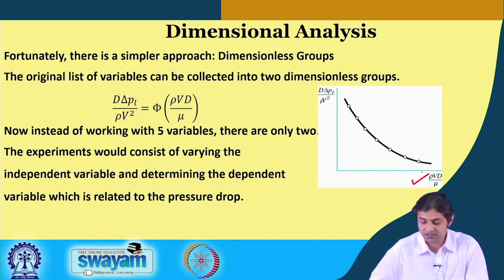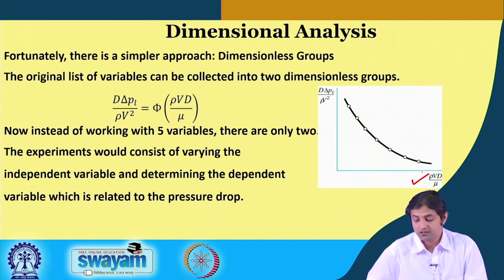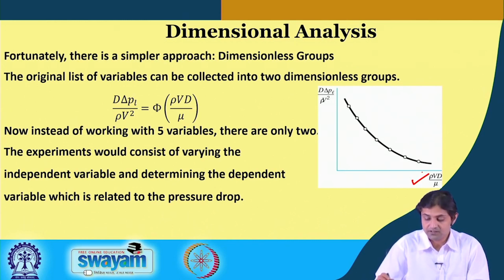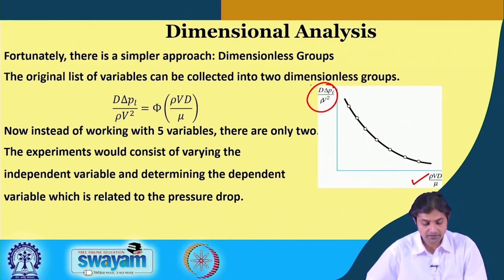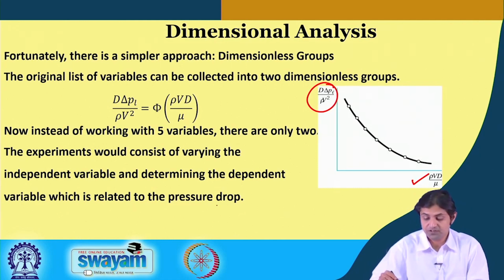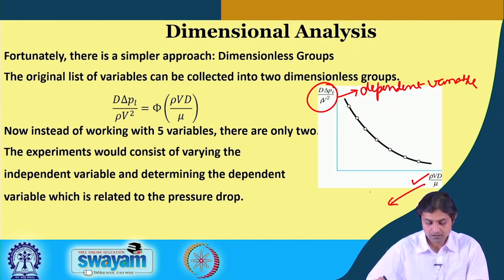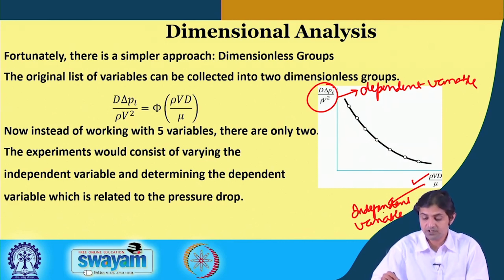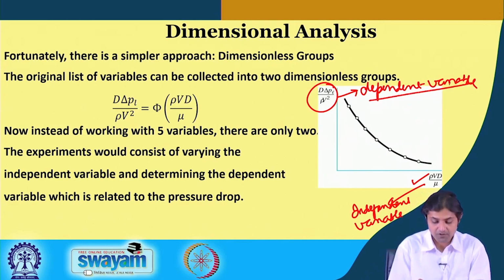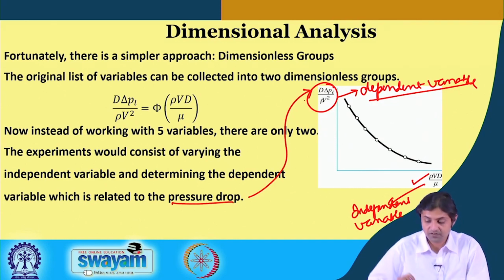So, we can vary this one, this is the independent variable, and we can determine the dependent variable here, which is related to the pressure drop. Using results obtained in this experiment, we can determine the dependent variable, and our pressure drop is related to this dependent variable.